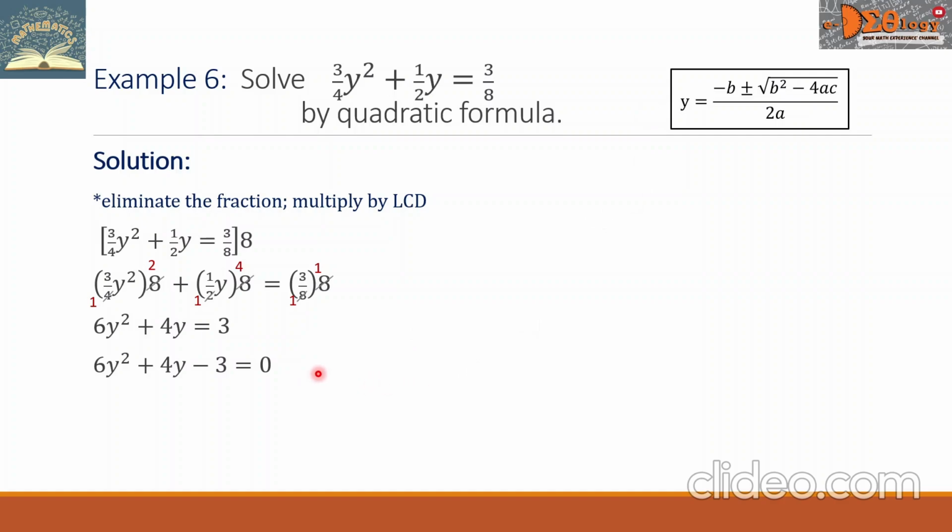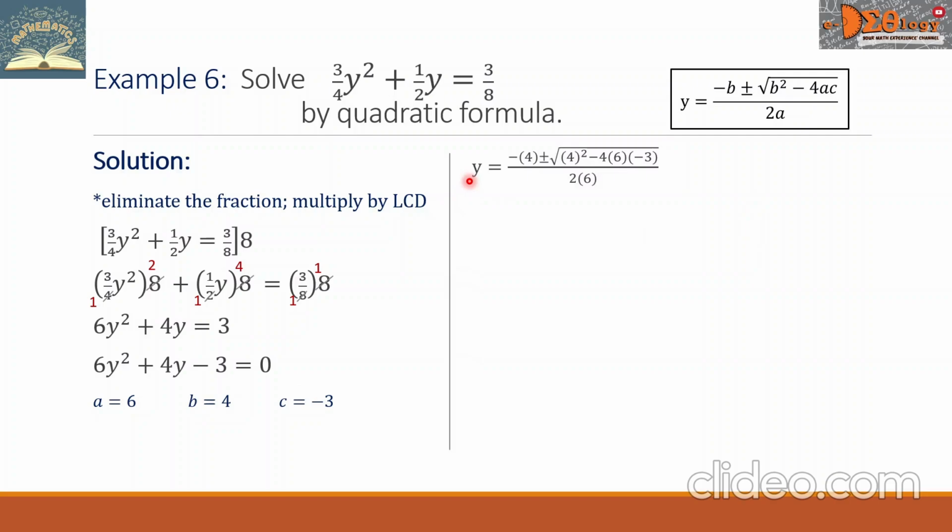Let us now collect the values of a, b, and c respectively. A is the coefficient of y squared, so we write here 6. B is the coefficient of y, so we write here 4. C is the constant, negative 3. We substitute these values in our formula.